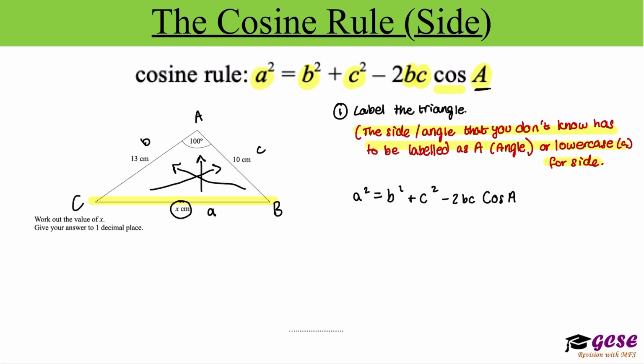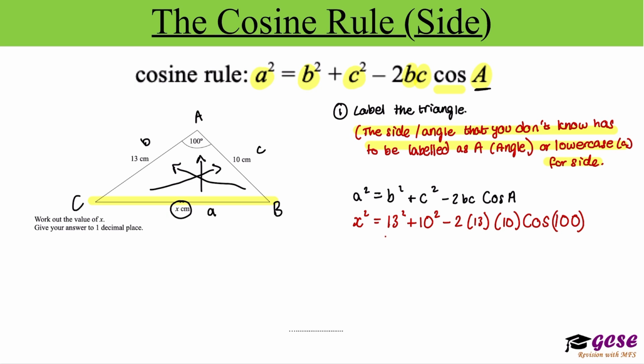So a is x, so we've got x squared equals b, which is 13 squared, plus c, which is 10 squared, minus 2 times b again, which is 13, times c, which is 10, and then cos, and then capital A, which is 100.